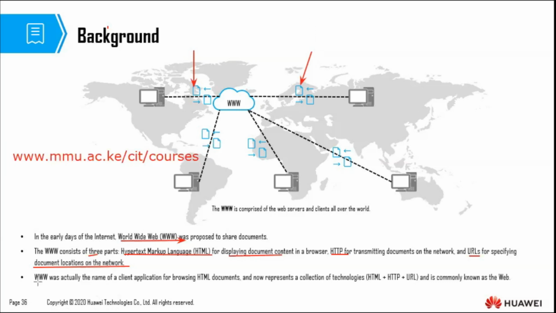What else is here? www was actually the name of the client application for browsing HTML documents and now represents these three technologies and is commonly known as the web. It is important that you understand how the web works, because in managing your devices, sometimes you'll be managing them by using the web portal, rather than via Telnet or via console.